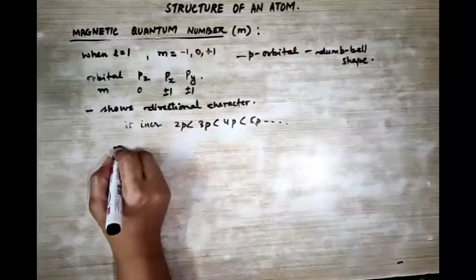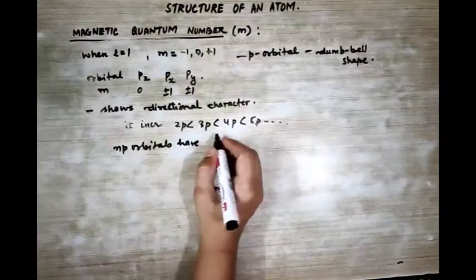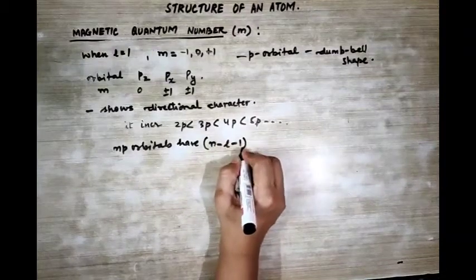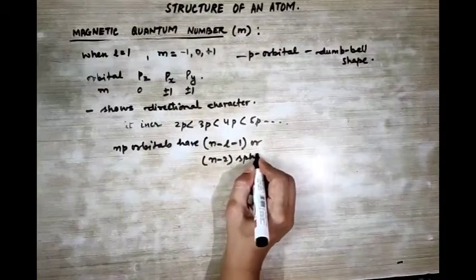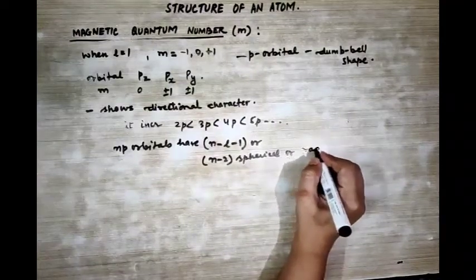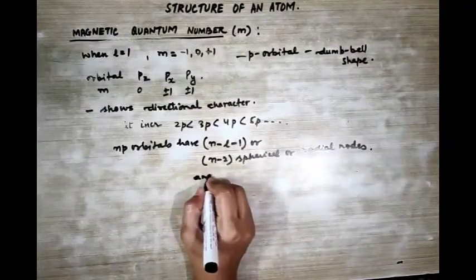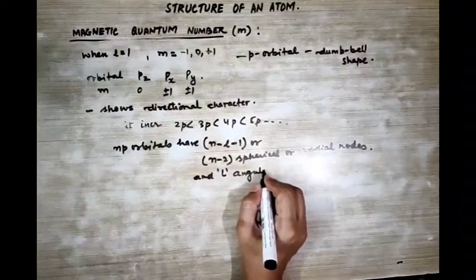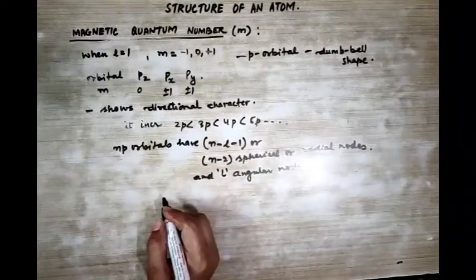So in general I can say that np orbitals have n minus l minus 1, or in other words you can say n minus 2, spherical or radial nodes. Okay, and l angular nodes. Clear?